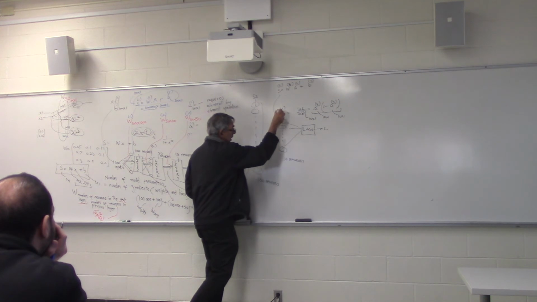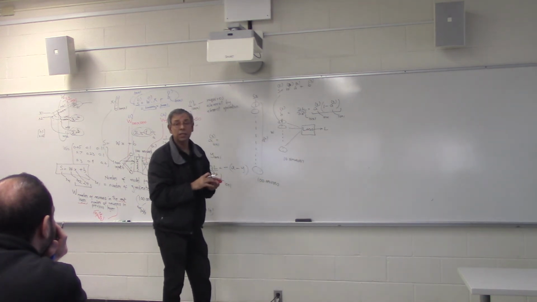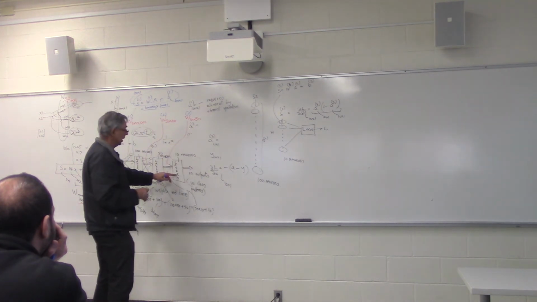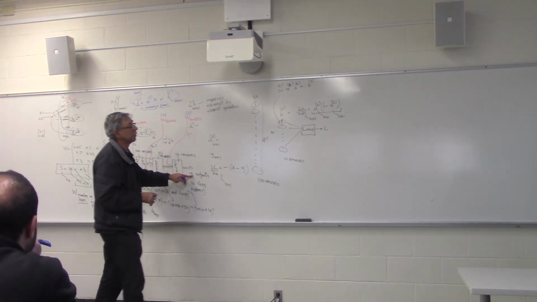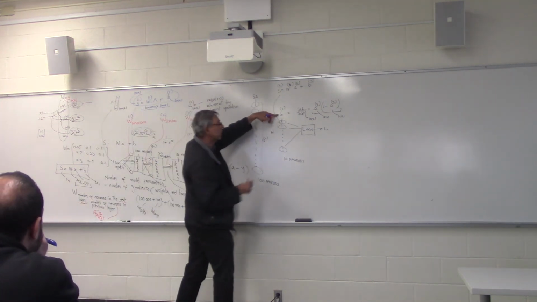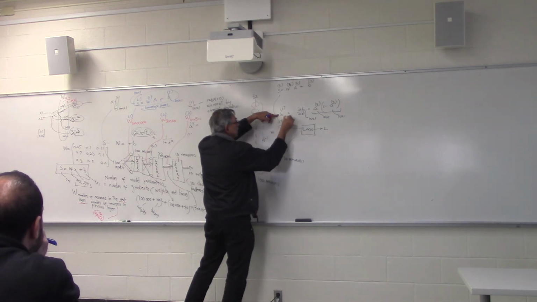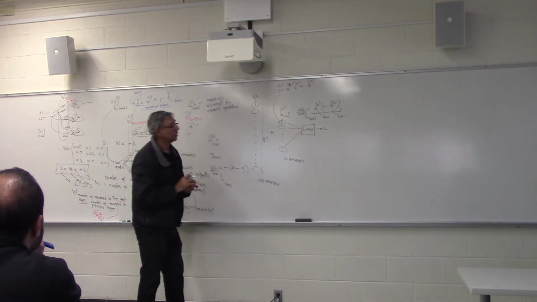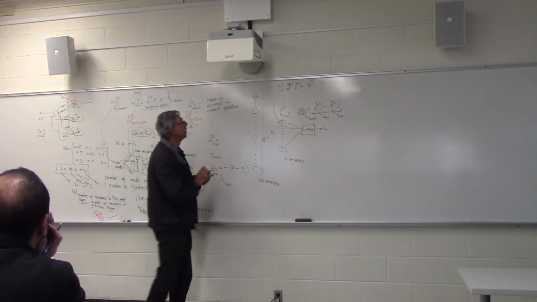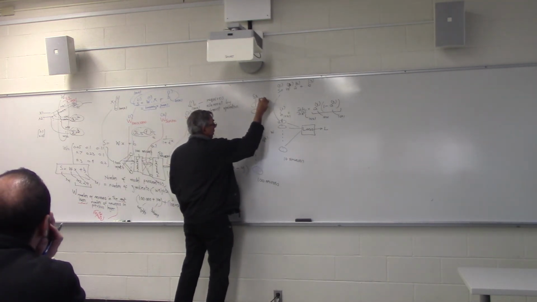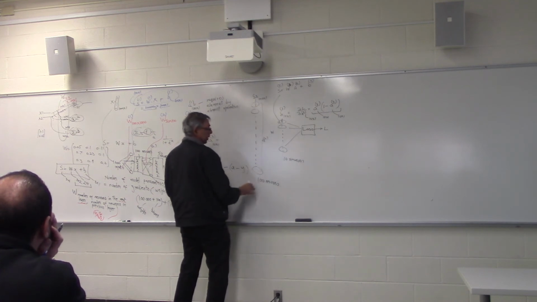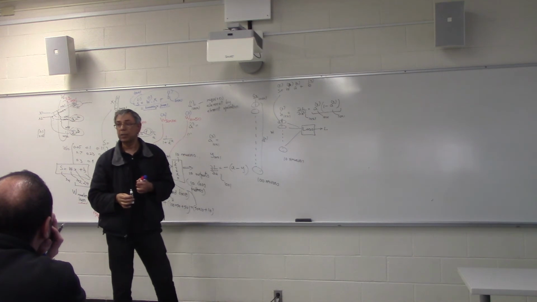So what will be the size of this delta of 3? How many neurons are in the output? 10 output. So what will be the size of this? 10 by 1. What will be the size of delta of 2? 100 by 1, right? Because there's one delta value inside each neuron. There are 100 neurons over here.